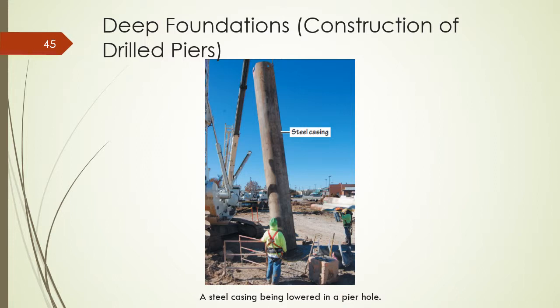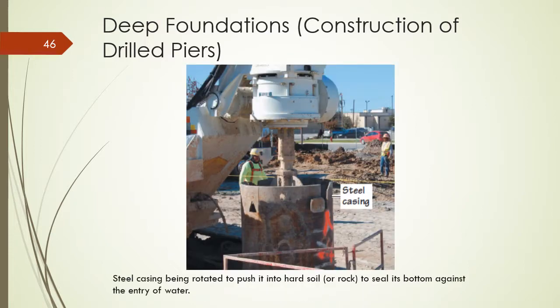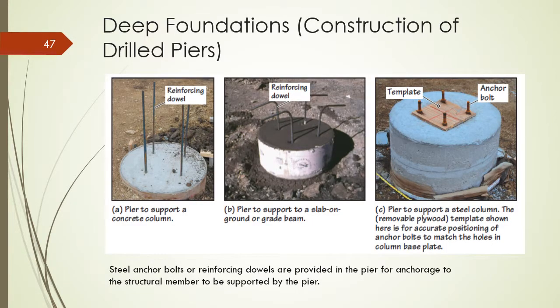But they will be spun into rock because rock doesn't contain water, and then they'll have the water removed. When the pier is going to support another member, we'll have rebar coming out so that it can connect to whatever the above ground member is.